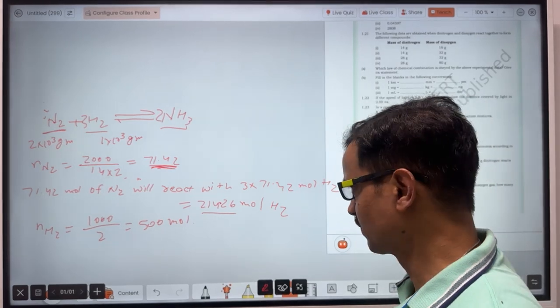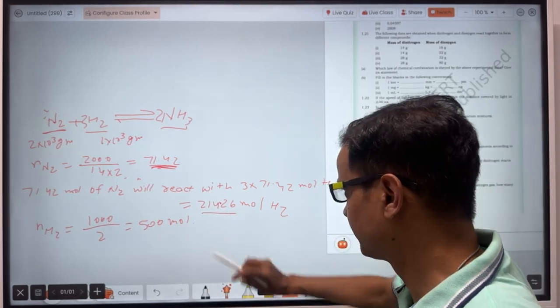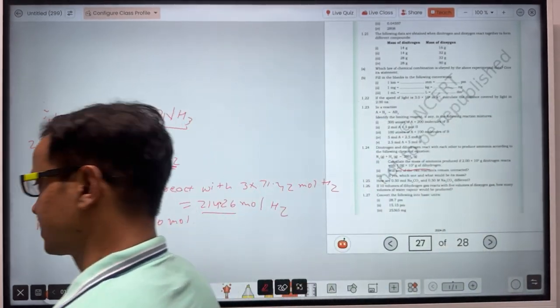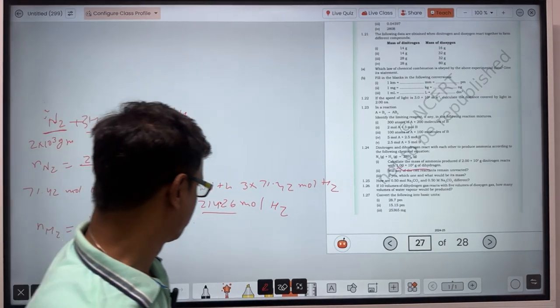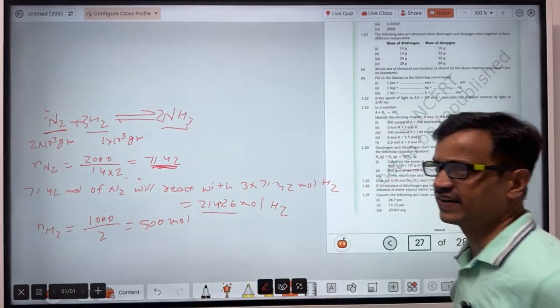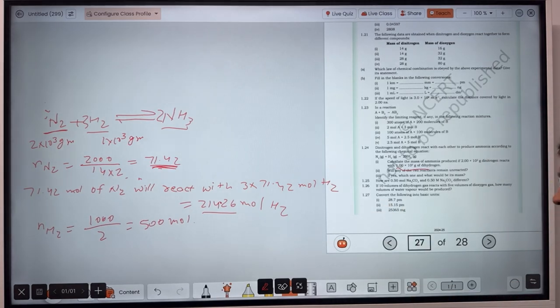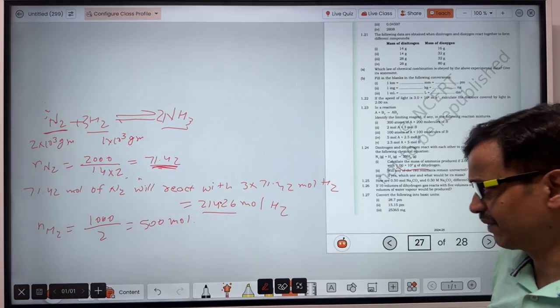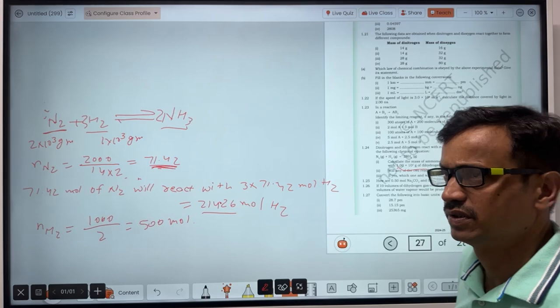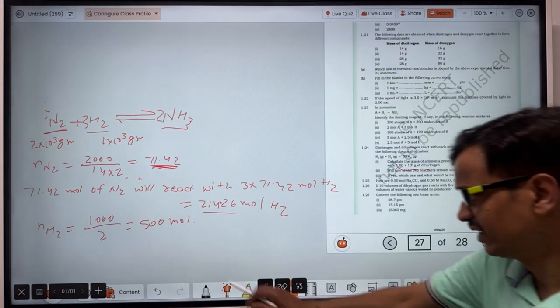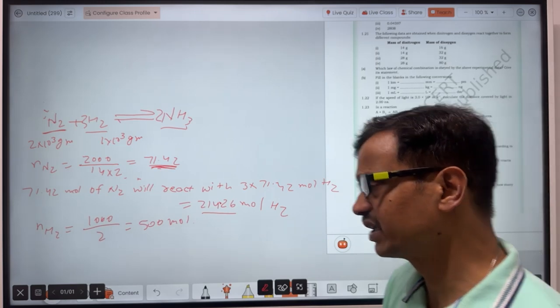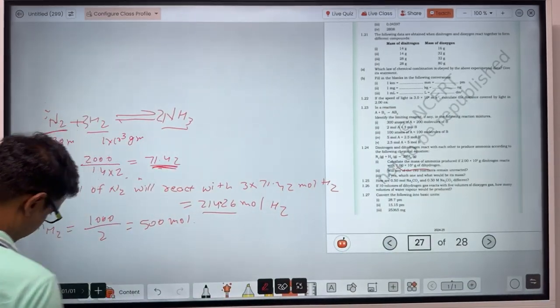So how many moles of hydrogen reacted? 500 minus 214.26. In this reaction, 214.26 moles of hydrogen have reacted, and the total number of moles of hydrogen available for the reaction is 500 moles. So the number of moles of hydrogen unreacted will be 500 minus 214.26.